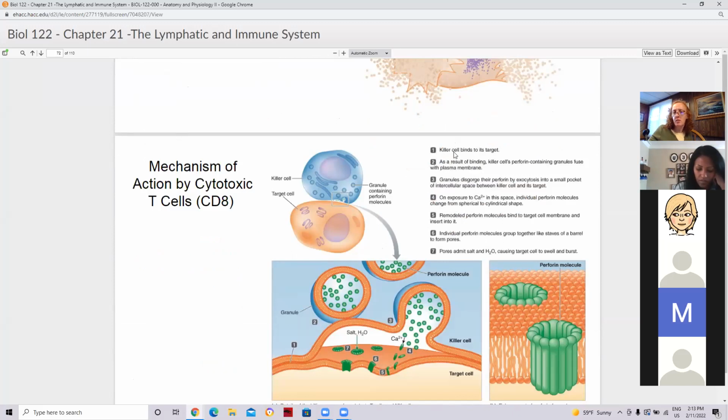The CAR T cell is going to bind to the target, and then the CAR T cell is going to release a bunch of perforin granules that are going to fuse with the plasma membrane, and the perforin is then going to insert itself in the plasma membrane of the cancer cells and lyse the cell, lyse the cancer cells.